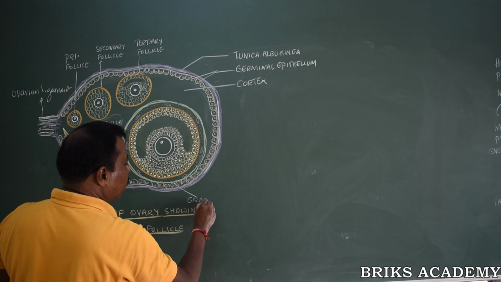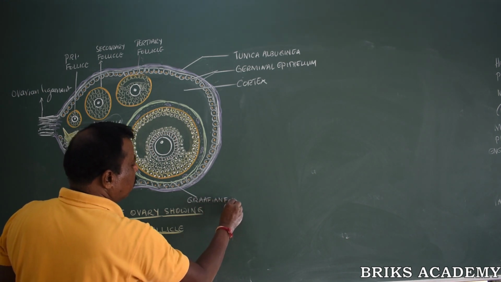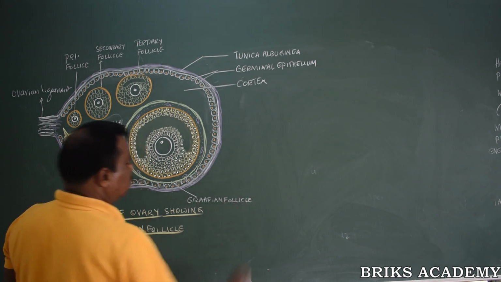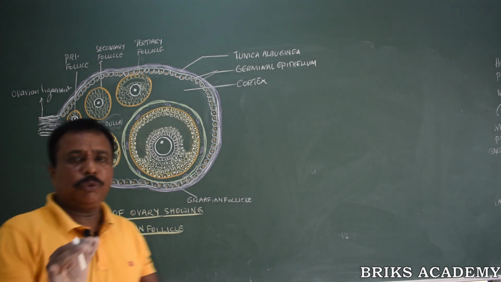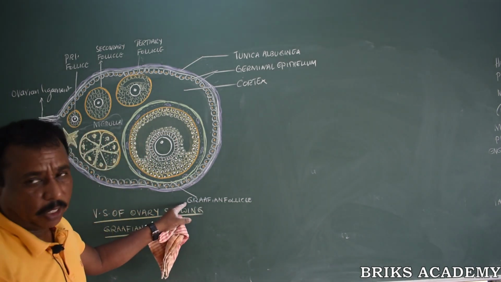The Graafian follicle is defined as the matured ovarian follicle with the functional ovum.